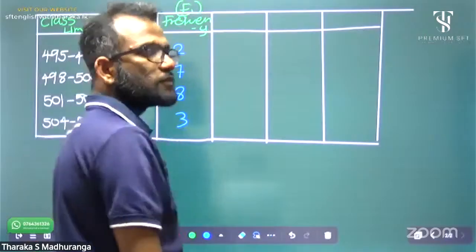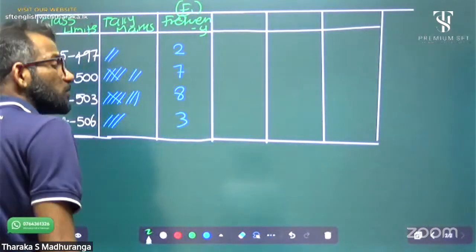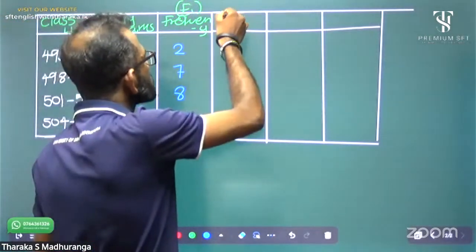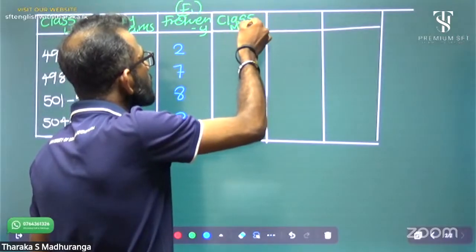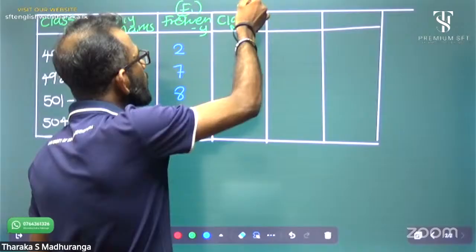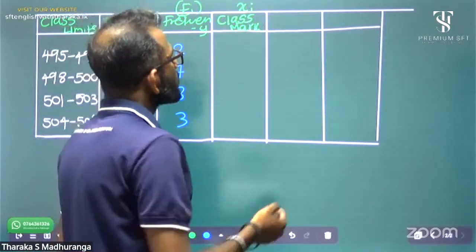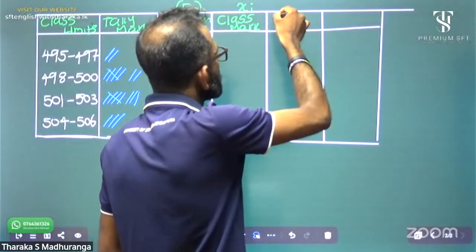Okay, what are the columns? The first one, class limit. Sorry, not class limit, class mark. This is xi. Xi, remember, xi. The second one, the additional second one, derivatives.